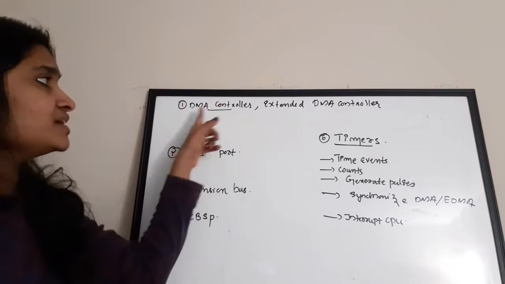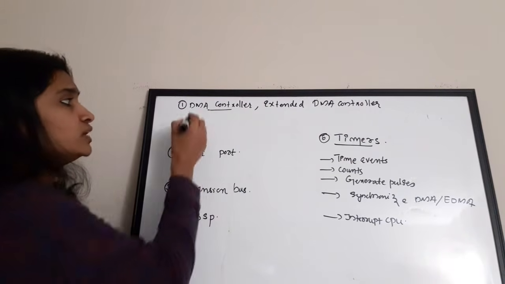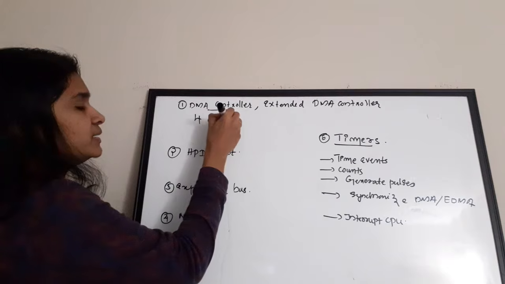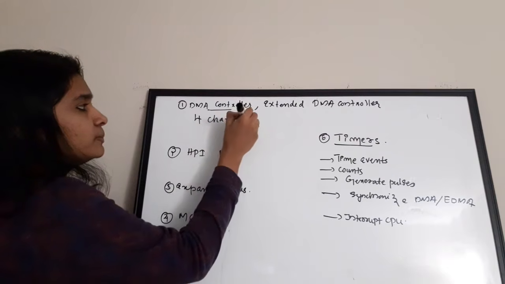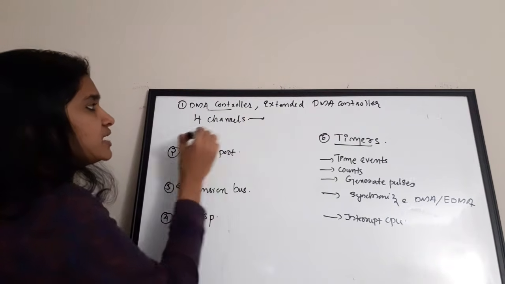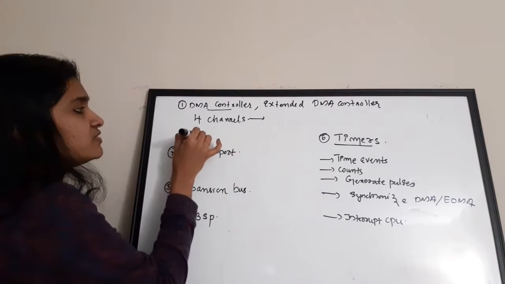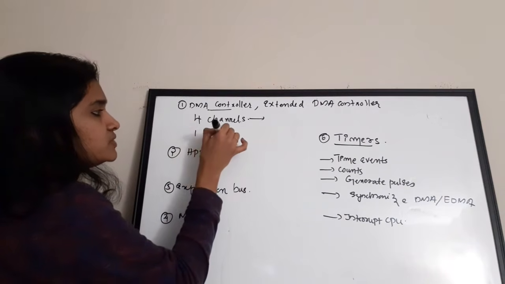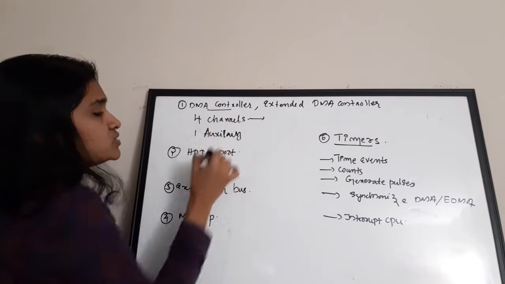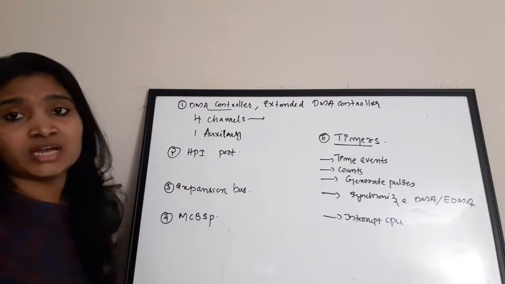This DMA controller allows 4 channels for DMA passing, and these 4 channels are programmable, and there is one auxiliary channel which is not programmable. So in total there are 5 channels possible.